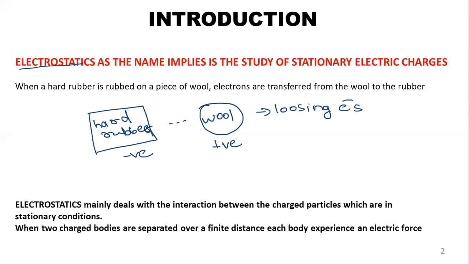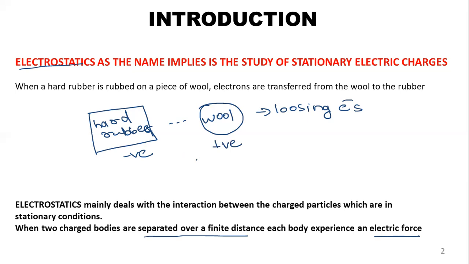This is actually an introduction only. Electrostatics mainly deals with the interaction between charged particles which are in a stationary condition, the same thing which is given in red color here. When two charged bodies are separated over a finite distance, each body experiences an electric force.